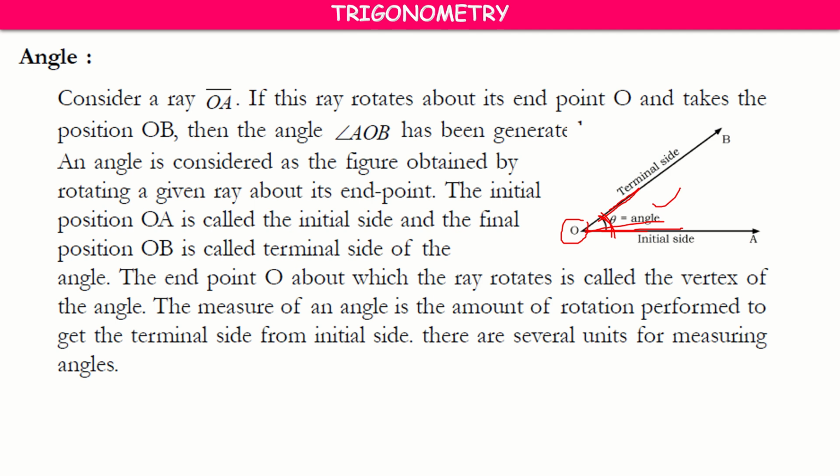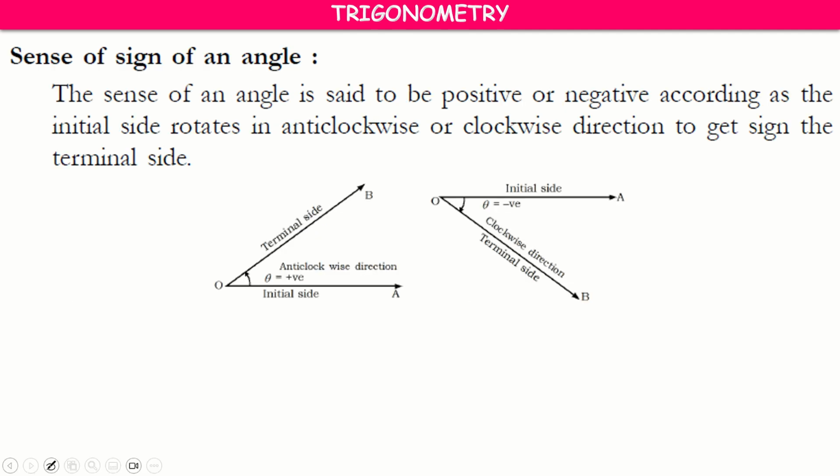Following? Next, the sense of an angle. Very important. Observe this AOB first. Here the rotation is given like this. The rotation is clockwise, because it is moving like this.